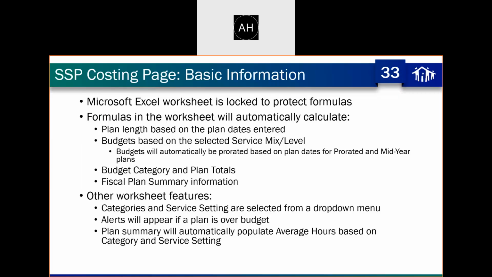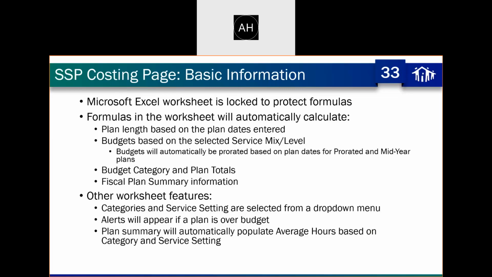Let me give you some basic information about the new SSP costing page. The SSP costing page is going to be a Microsoft Excel worksheet. It's going to be locked to protect all of the formulas in that worksheet. The formulas will automatically calculate the plan length based on the dates that are entered.